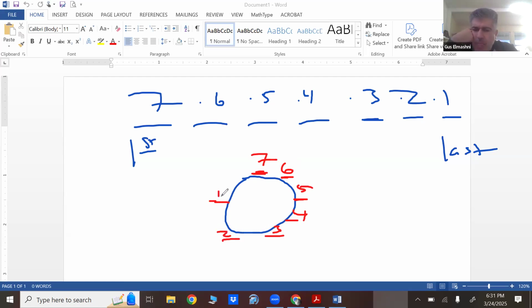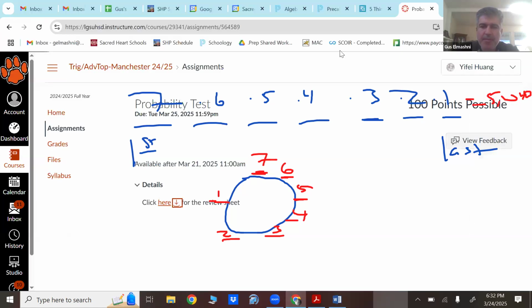But I think you can reverse it too. I don't know. Can you reverse it? So this is 5,040 ways for a line. Let me look that up really fast.